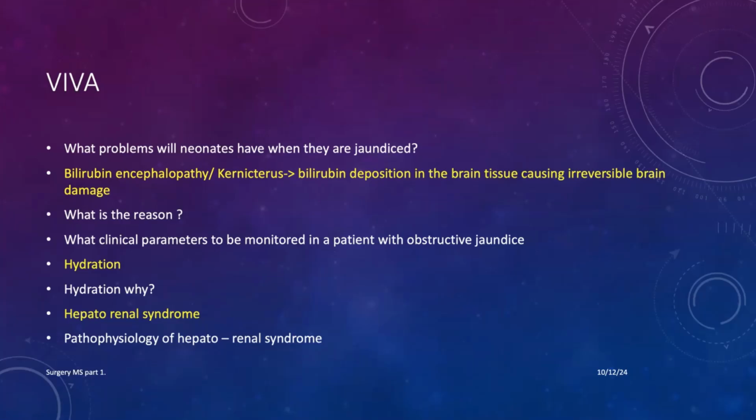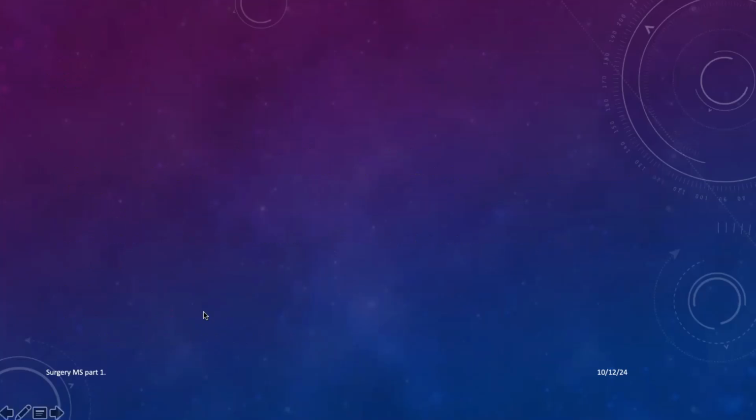So when the liver fails, there is a lot of congestion happening, and you can imagine the portal veins and the hepatic artery struggling to supply the liver, and there is back pressure developed in the splanchnic circulation. When there is back pressure, the kidneys also get packed up. So ultimately, the kidney is going to failure.